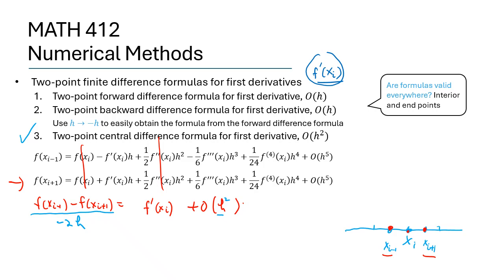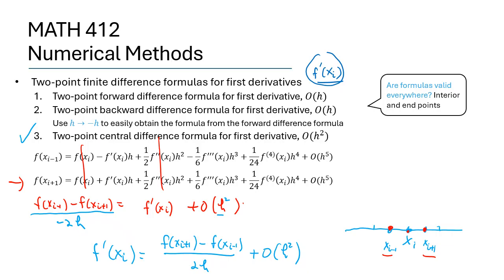It's part of the witness for the big O notation relation. So f prime is approximately 1 over 2h times f of x sub i plus 1 minus f of x sub i minus 1, plus big O of h squared.